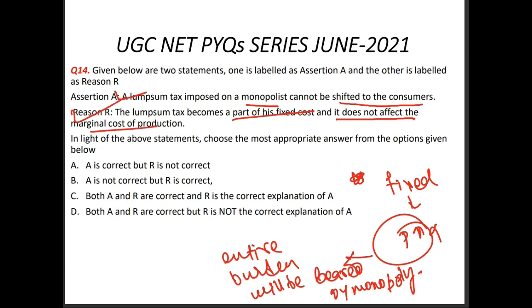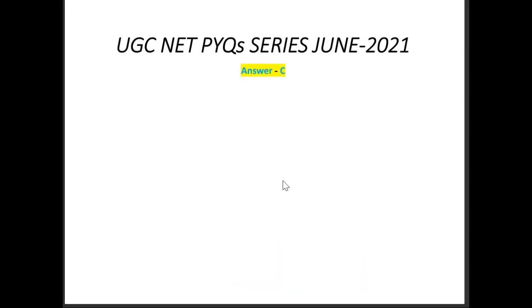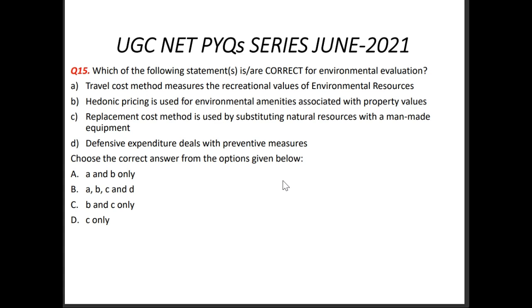Reason is the correct explanation of A. So here C is the correct explanation, so the answer is C.